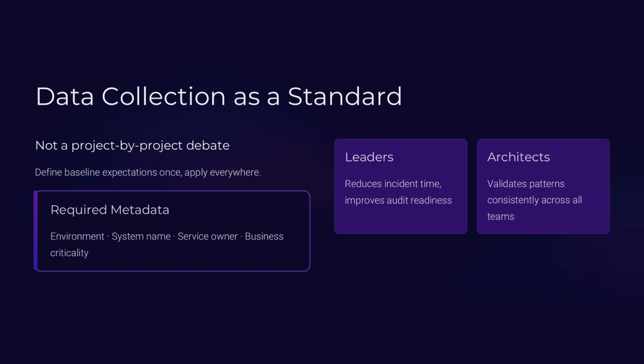You also define naming conventions and required metadata such as environment, system name, service owner, and business criticality. Leaders care because standardization reduces incident time and improves audit readiness. Architects care because standard collection validates architecture patterns consistently rather than leaving observability to individual team maturity.